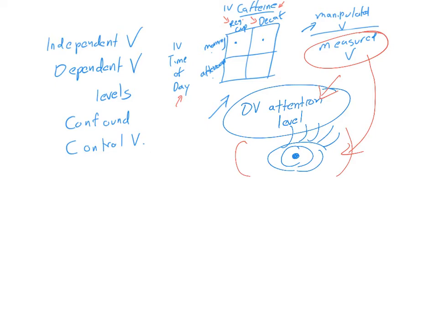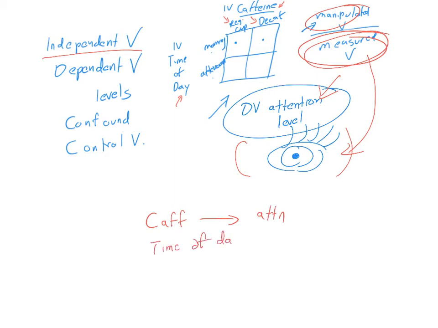Now, we've covered manipulated, we've covered measured. Now, let's go to independent. We've been discussing this, but the independent variable is a variable we think is causing the DV. So here, we think caffeine is causing attention, and we think time of day is causing attention, right?